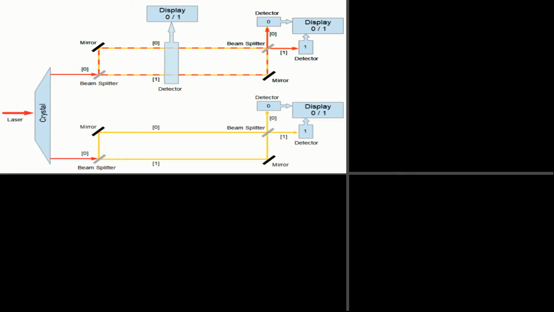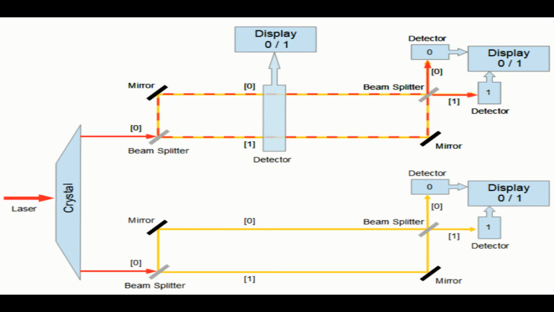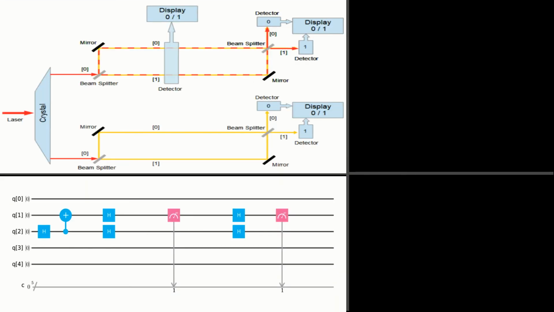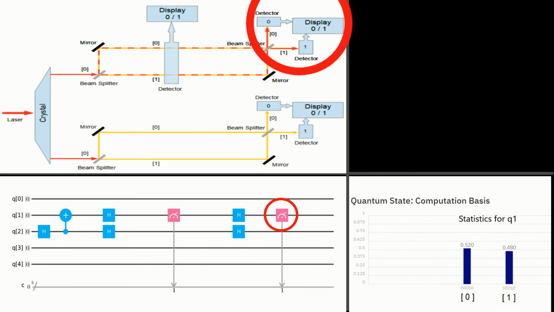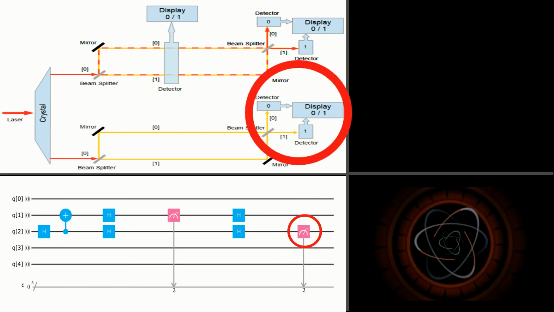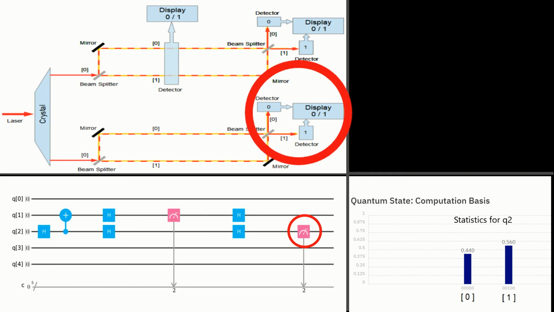Let's now feed the two interferometers with entangled photons by splitting a laser beam with a special crystal producing pairs of entangled photons. In our quantum program, we used the setup for entangled qubits as introduced before. When now checking the upper qubit, number 1, we see the evenly distributed zeros and ones just as before. But looking at the lower qubit, number 2, we now encounter that the interference phenomenon has disappeared.